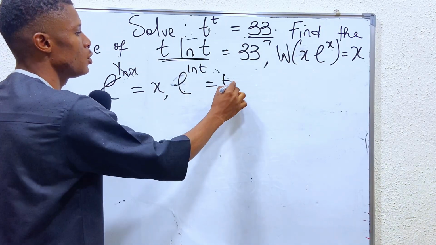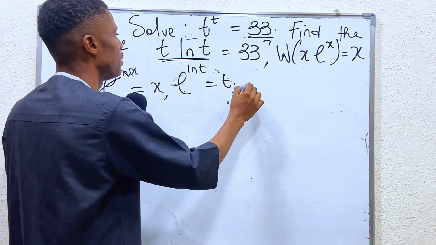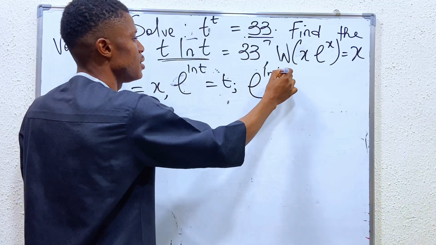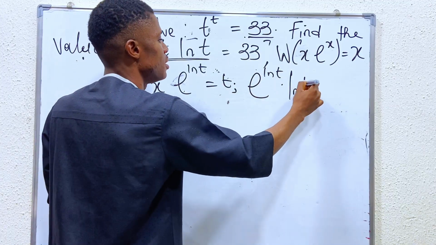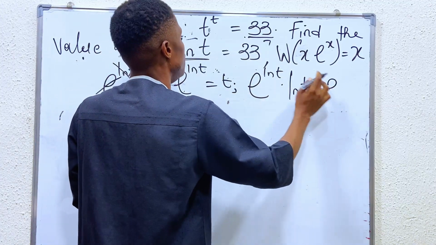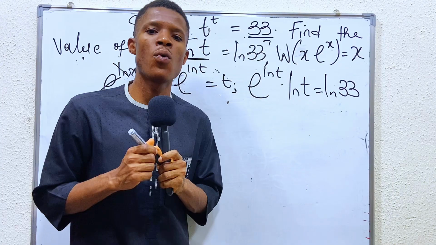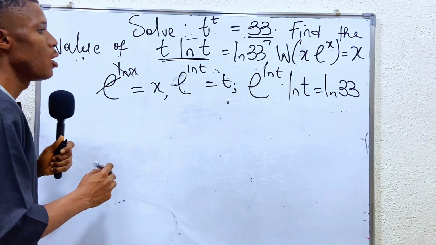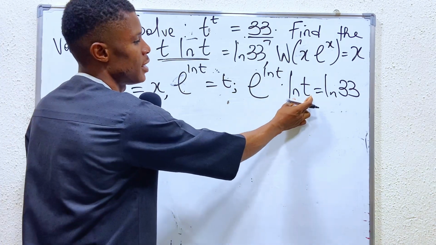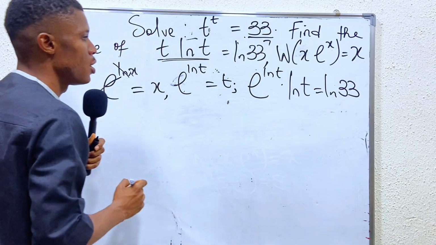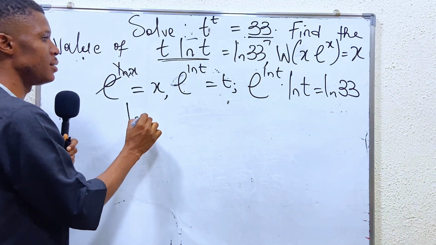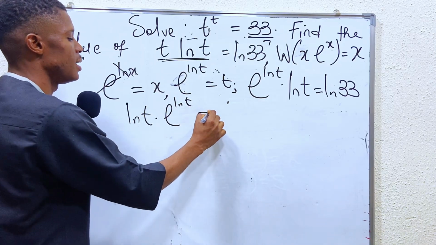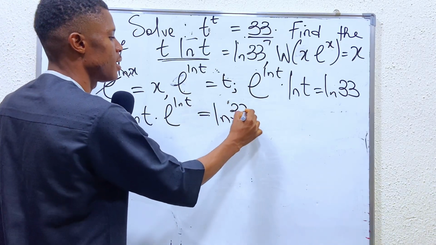If you apply it here, we have exponential ln t times ln t is equal to ln 33. We need this ln t to be first, so we write ln t times exponential ln t, and that is equal to ln 33.